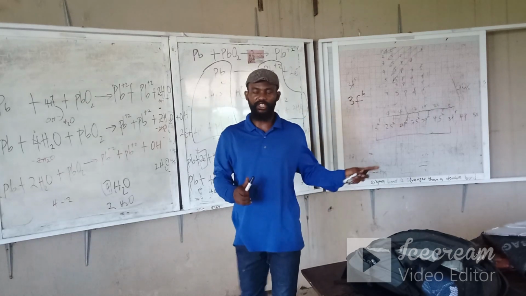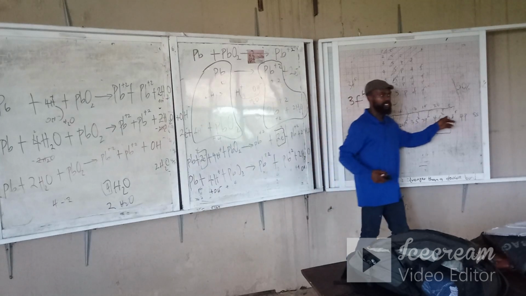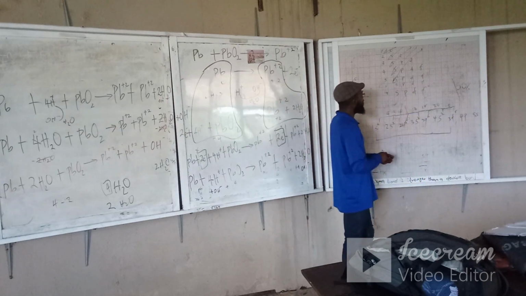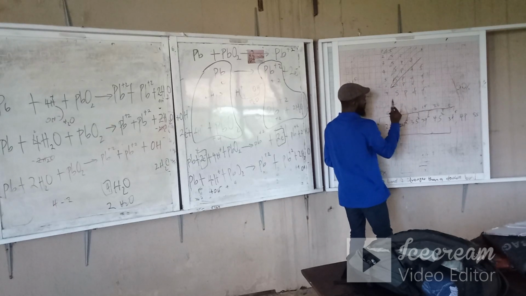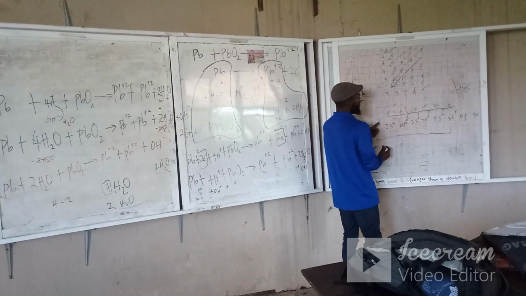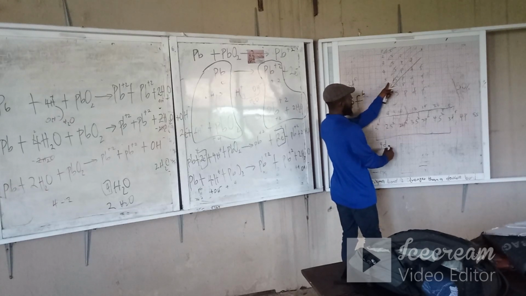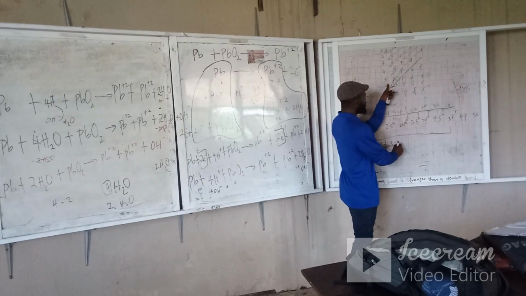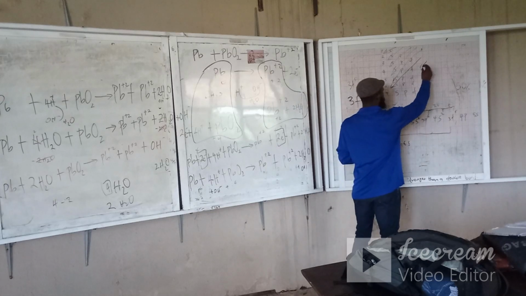That means for you to get to this 3F, you have to list out all the elements that run through this. So if I now check, first of all, let's check something. After 5s is going to be what? 4d. Then 5p, then 6s.